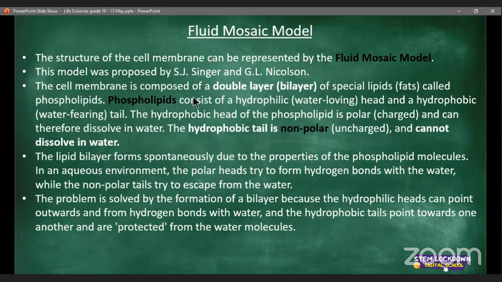The hydrophobic tail is nonpolar, meaning that it is not charged and cannot dissolve in water. By hydrophilic, we mean that it can dissolve in water, hence it is water loving. And by hydrophobic, it cannot dissolve in water.